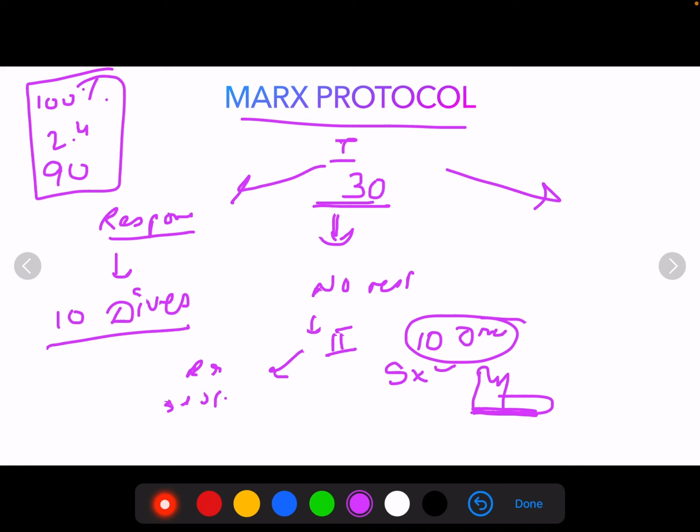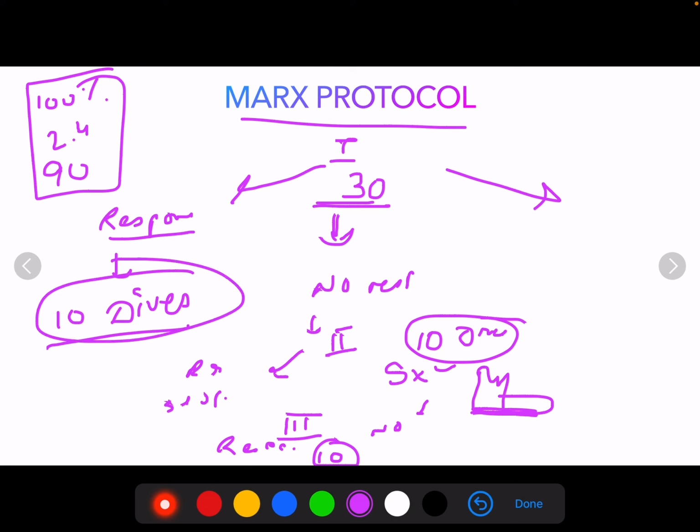If after these 10 dives no response is there, then we go for stage 3. In stage 3, we perform resection and fixation with a reconstruction plate, and also we give 10 dives. So in stage 3, resection and reconstruction is performed. Also, the reconstruction is done after 3 months.